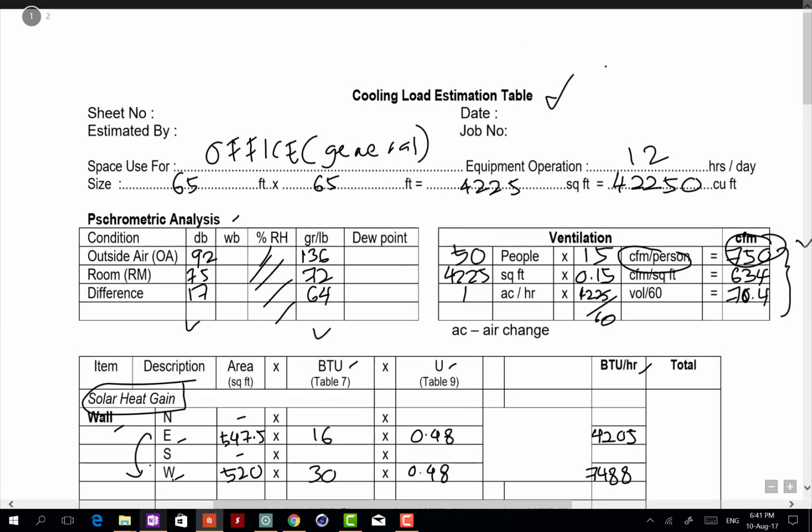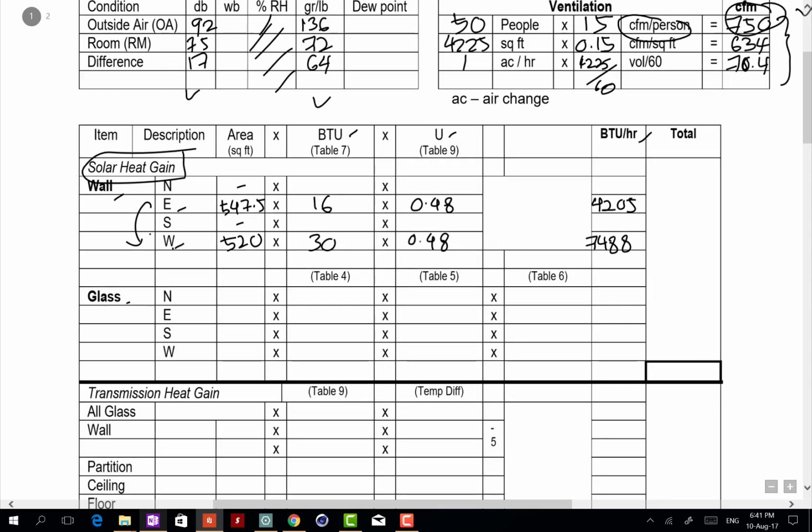Okay, sorry, east is 102.5. For west is 130, and then multiply with the temperature difference from table 4.